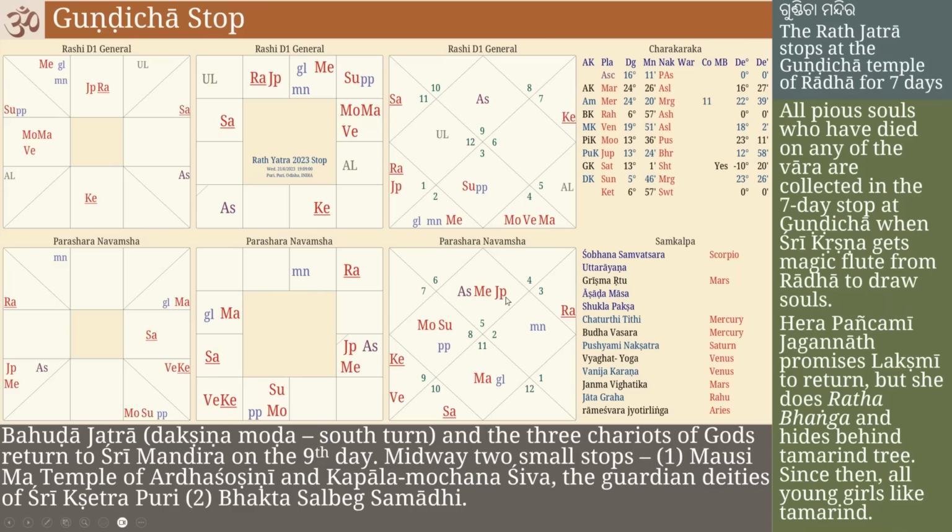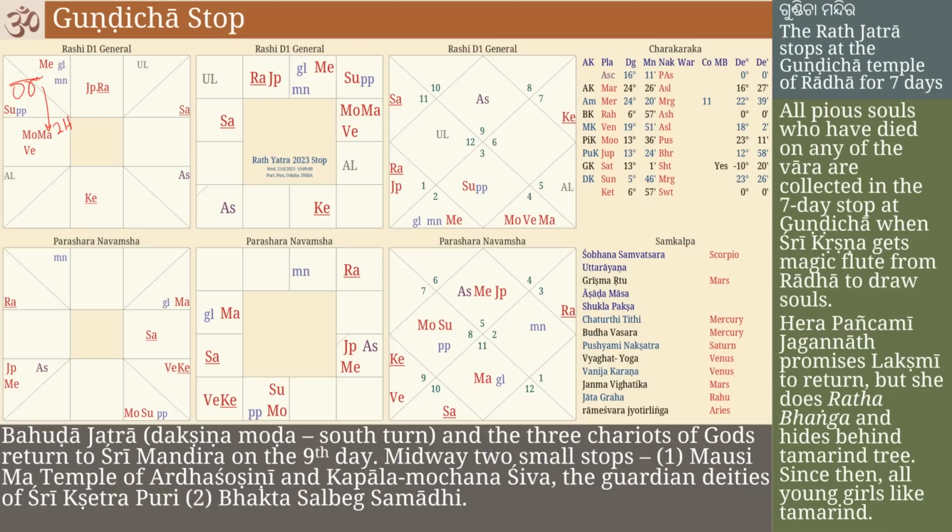Every time there is a Rath Yatra, there is a stop called the Gundicha stop. The yatra commences, you see, from here. So the chariot starts moving from here. You can see that. And it goes over here to the second house and it stops over there.